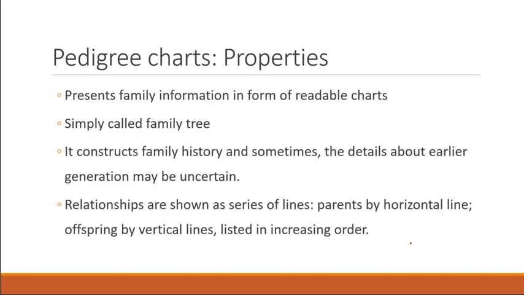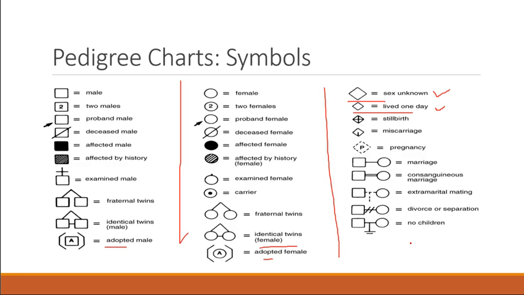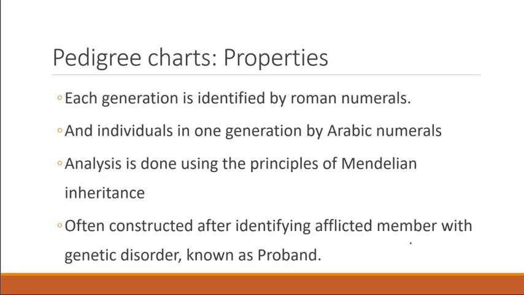So also when we are talking about generations, we label the generations. Every generation is labeled in the form of Roman numerals. In fact, when we are talking within one generation, we are labeling every single individual using Arabic numerals. Roman numerals as in I represents one, double I is this one.